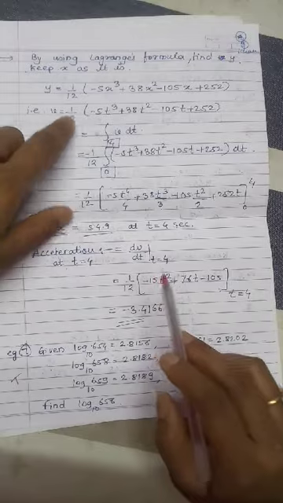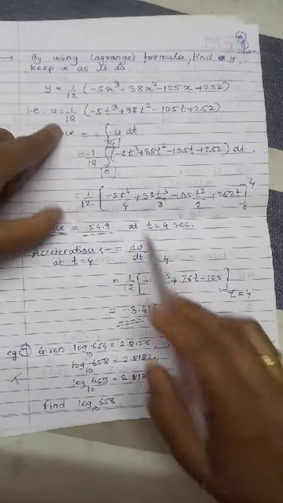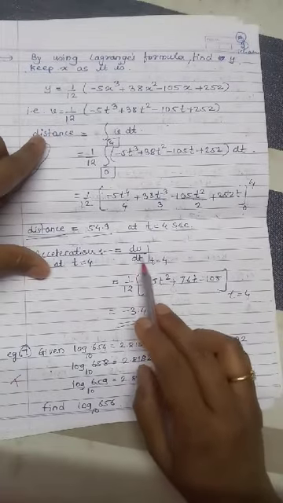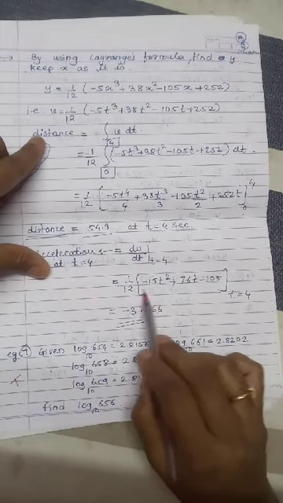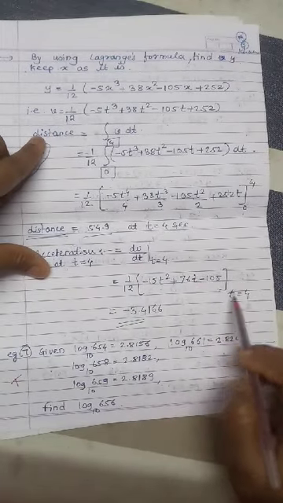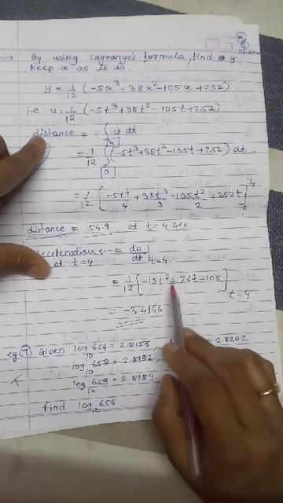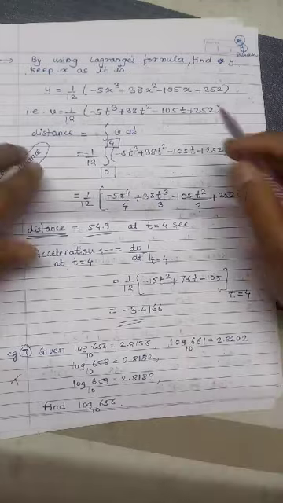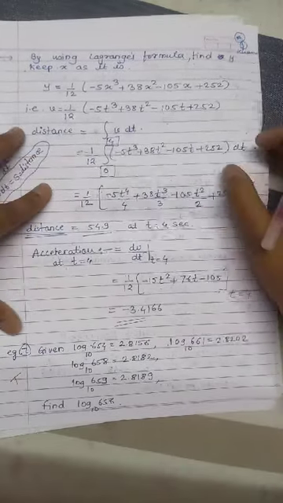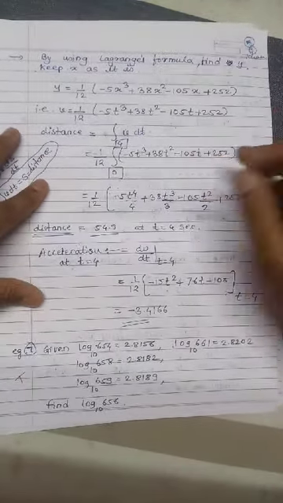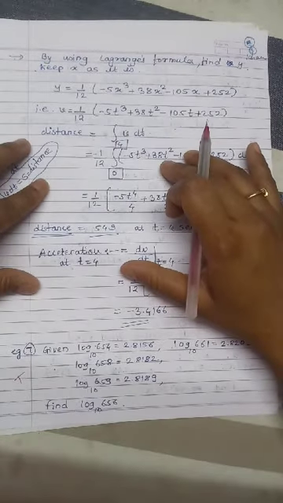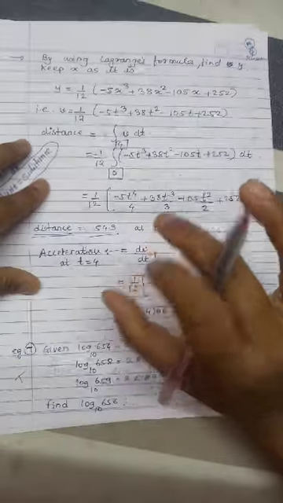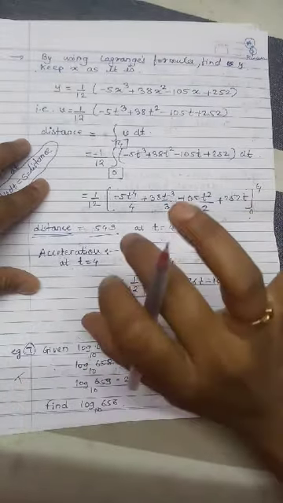So take the derivative of this whole term with respect to t, we get this term, and put t equal to 4 in that equation, we get the acceleration at time t equal to 4. So this is your example for finding distance and acceleration, when the time and velocity distribution is given for you.